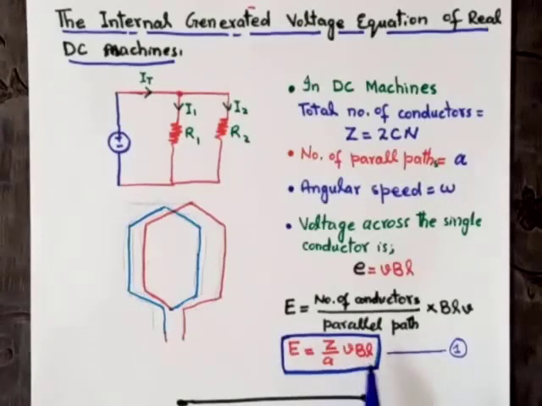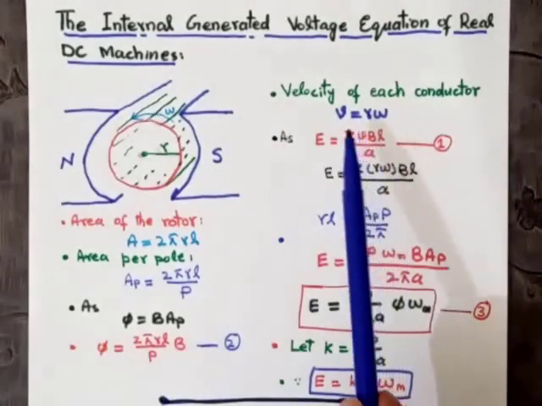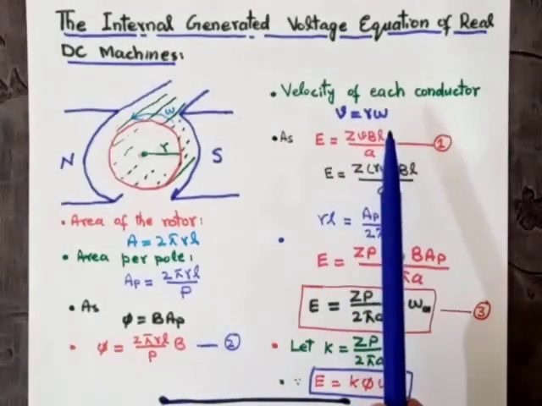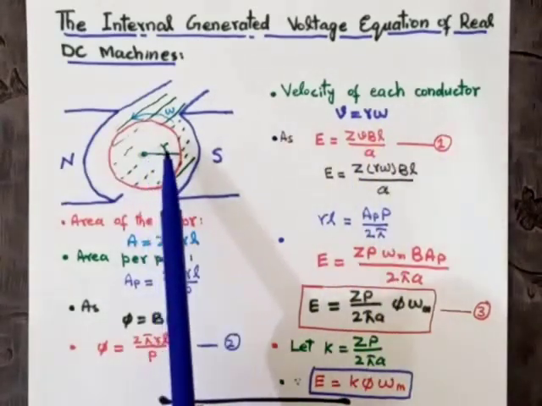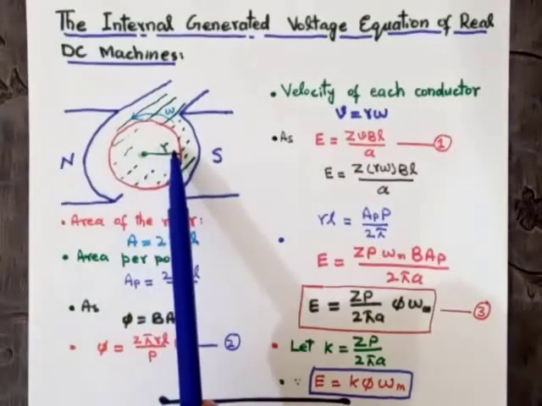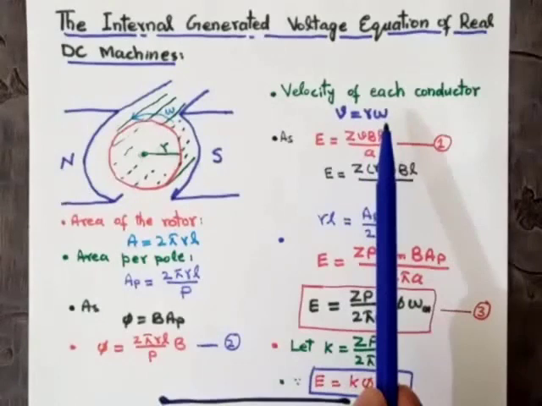V is the velocity, B is the magnetic field, and L is the length of the conductor. The rotation speed of every conductor is given as V equals R omega. In this equation, R is the radius, as you can see in this figure, and omega is the angular speed.